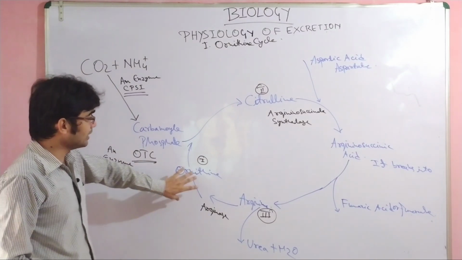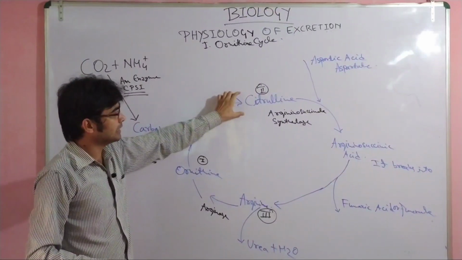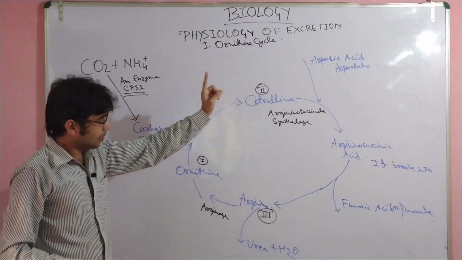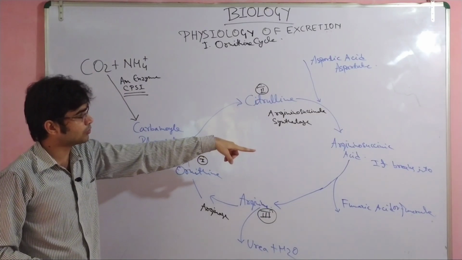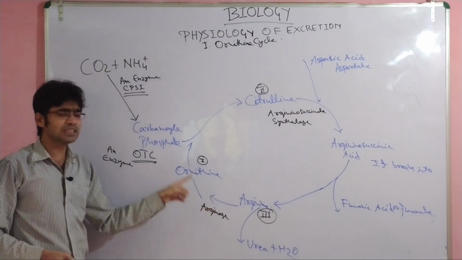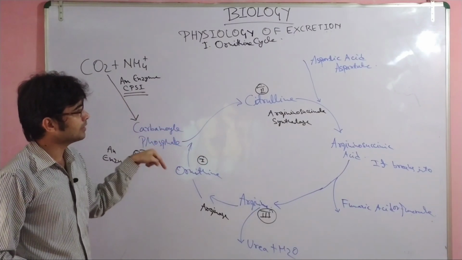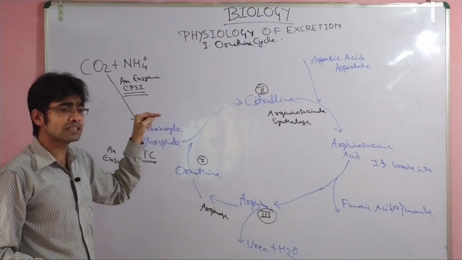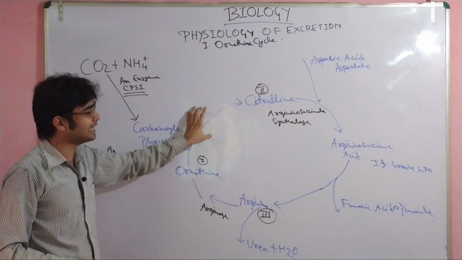Because one amino acid participates in the reaction, forming another amino acid, then another amino acid participates in the reaction with the help of enzymes and converts into the product, and then again the product breaks into the amino acid. So this is the cyclic process. It is continuously going on in the liver cells.